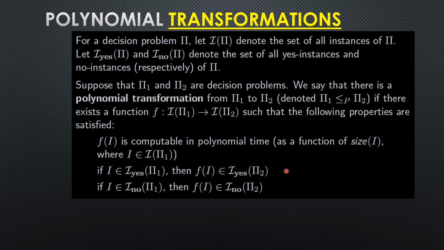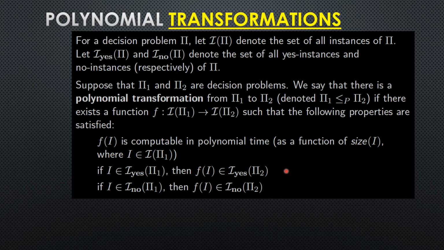Okay, so what's a polynomial transformation? Well, it is indeed a transformation of the type that we've been seeing before, but whereas for the reductions that we saw before in this course, we didn't place any restrictions on, for example, how many calls to the oracle you could make, a polynomial transformation you could think of as just a special case of a polytime reduction where we transform the input once, call the oracle once, and return the value that the oracle returned, true or false, as our solution.